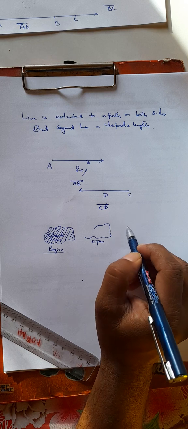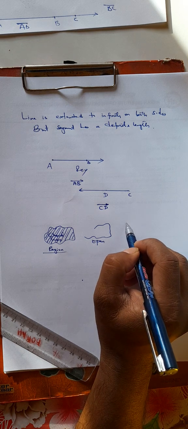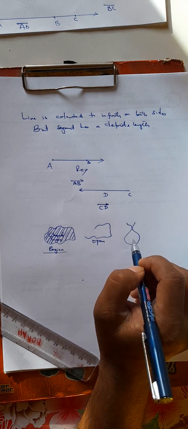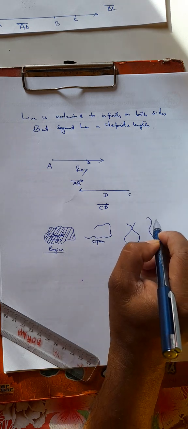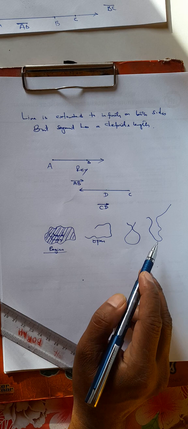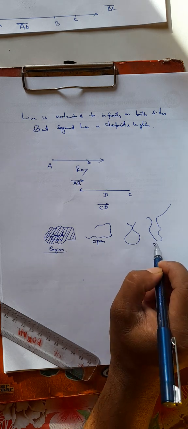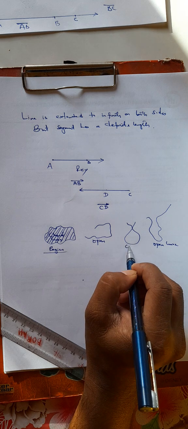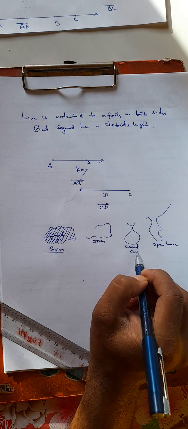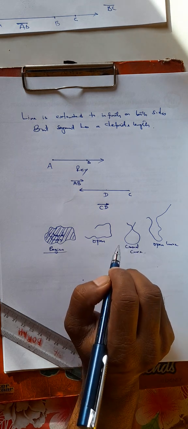Right? So you can draw a closed curve like this. This is a closed curve, whereas this is an open curve. This is a closed curve.